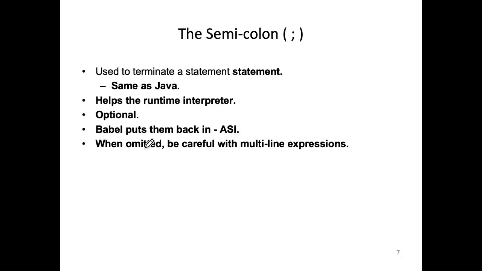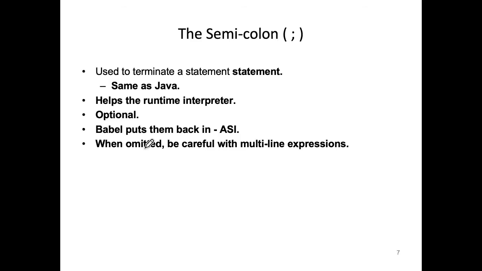Just a word about the semicolon. We haven't looked at any JavaScript syntax so far, but if you're coming from a Java background, you know the purpose of the semicolon in the Java language is a statement terminator. You've got to have a semicolon at the end of each statement, and that helps the Java compiler work out where statements end.